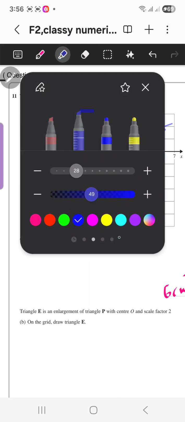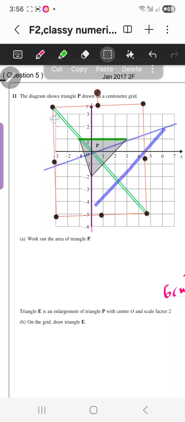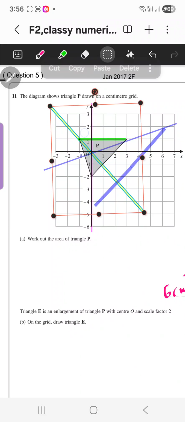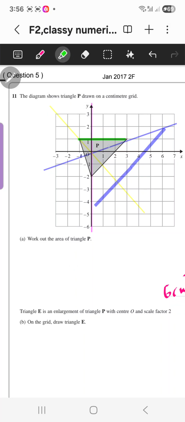I'm going to choose this one. This is 1, 2, 3, and 4, so it must be 8, in between this blue and yellow line, because the green is in between the blue and the yellow. So no need to place it here because we have 8.